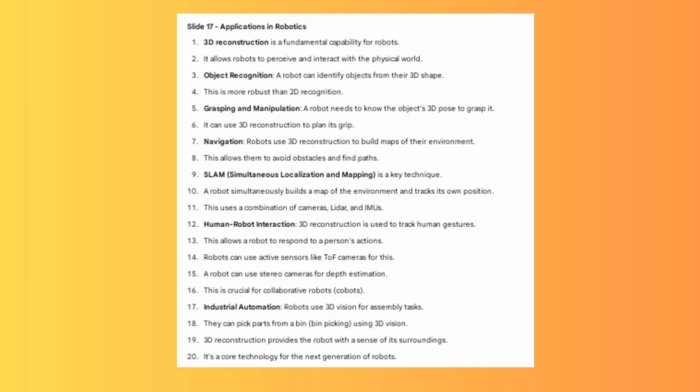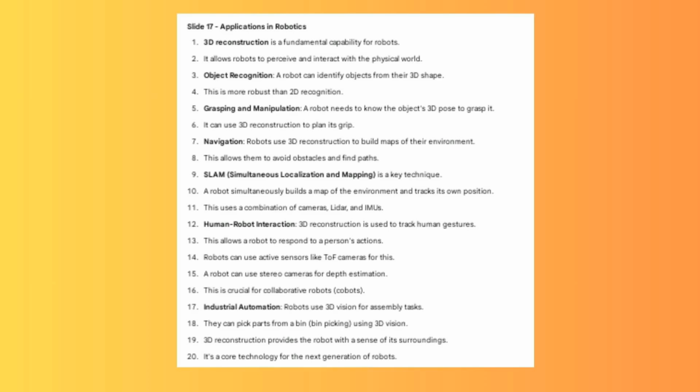This is also crucial for grasping and manipulation. A robot needs to know the exact 3D pose of an object to plan its grip. For navigation, robots use 3D reconstruction to build maps of their environment. The most famous example is SLAM.